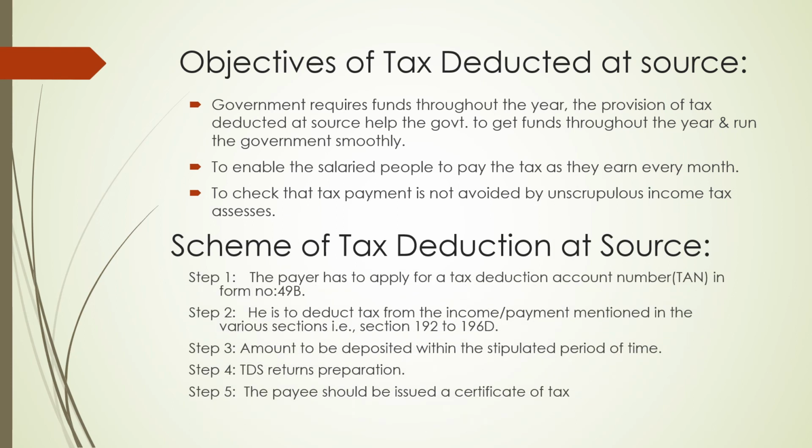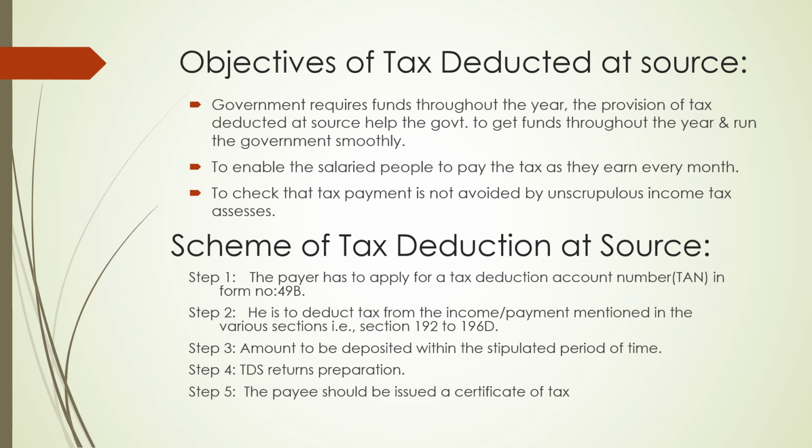Then the scheme of tax deduction at source. These are the various steps for tax deduction at source. First, the payer needs to apply for a TAN number, which we have discussed earlier. Then he is to deduct tax from the income or payment mentioned in the various sections from 192 to 196D. You have to follow these sections. Income tax will be deducted from the incomes where the individual earns.